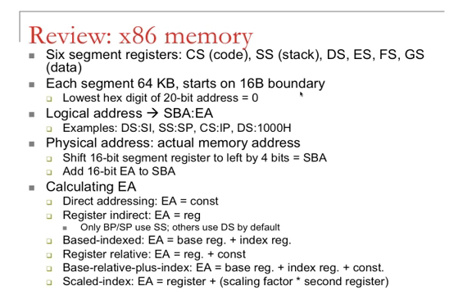When you calculate the effective address, you just add them all together. The last one is scaled index. It takes a register and a scaling factor and multiplies it with the second register. So you will see 2 registers within the brackets, and also a scaling factor in front of one of the registers.